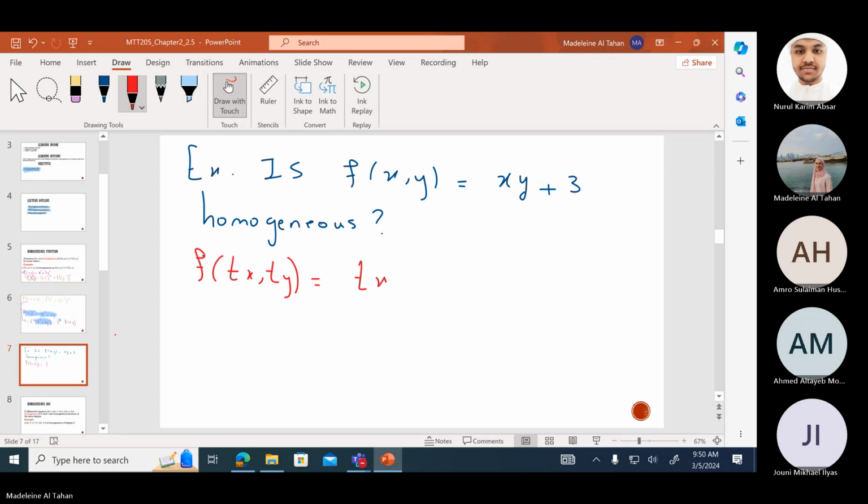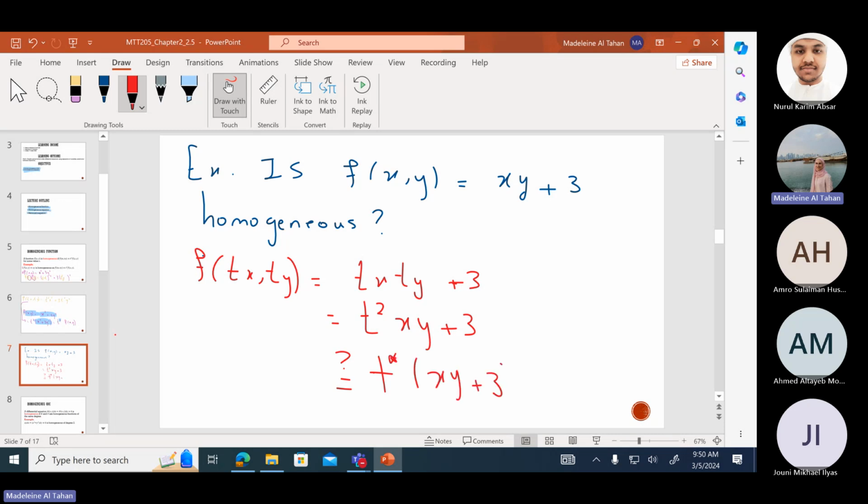Instead of x and instead of y, we put tx and ty: t squared xy plus 3, right? So what did we get here? t squared xy plus 3. Are we able to take t squared common? Are we able to write this one as t power something multiplied by xy plus 3? No. So what can we say about f? It's not homogeneous.